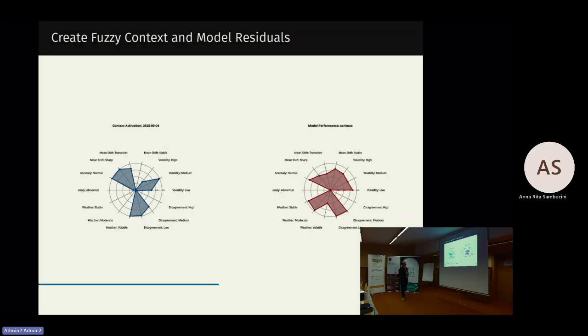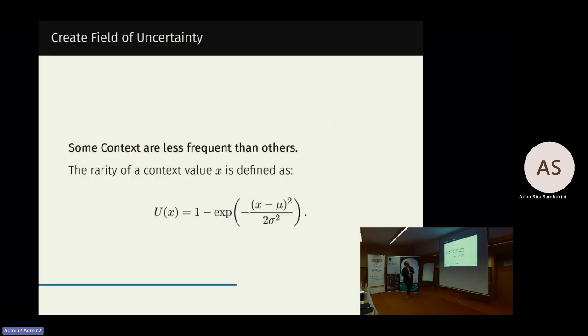On the right side, we have a model, in this case a SARIMAX model. We observe that it does not have very distinct preferences on whether it is good or bad on volatility. It's in the middle, so to speak. But what we see is that it is very bad when we have anomalies, or something in the middle of the week that disturbs the pattern.